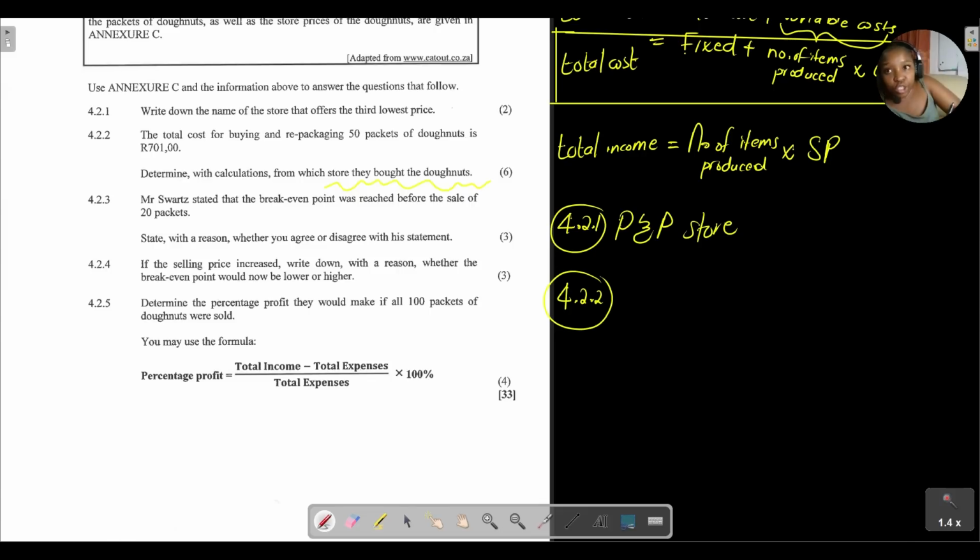So for us to determine the cost price, we remember that total cost is equal to fixed cost plus variable cost. What are the total costs in this context? They're telling us that the total cost for buying and repackaging 50 packets of donuts is 701 rand. So that means 701 rand is equal to the fixed costs.